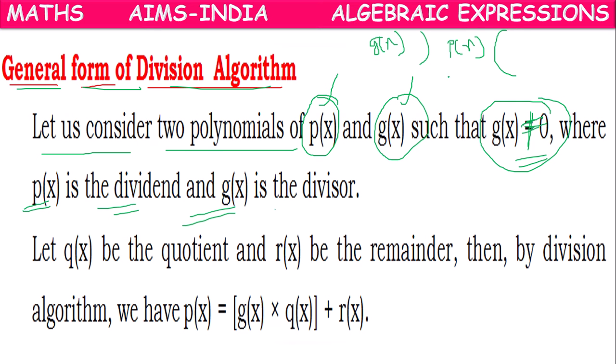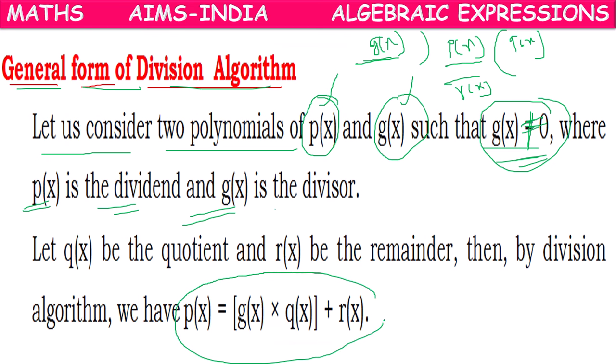If we have two polynomials like this, this is the dividend, this is the divisor, and the divisor is not equal to 0, then q of x will be the quotient and r of x will be the remainder. According to division algorithm, we can write this division process as dividend p of x equals divisor g of x into quotient q of x plus remainder r of x.